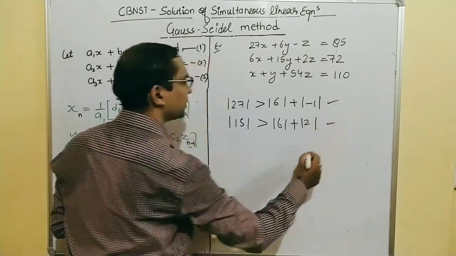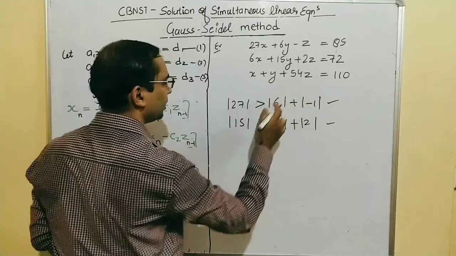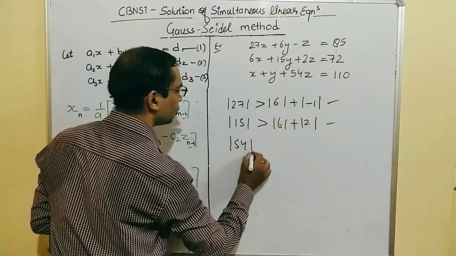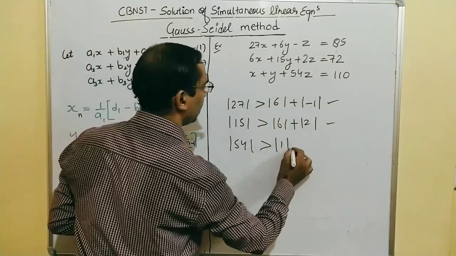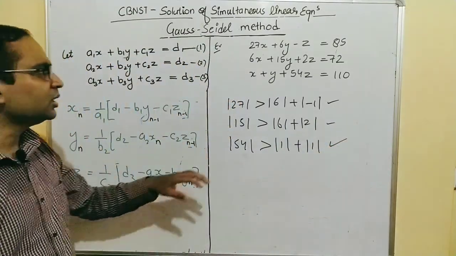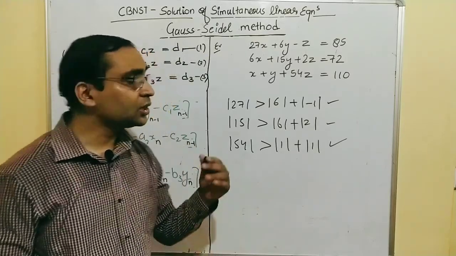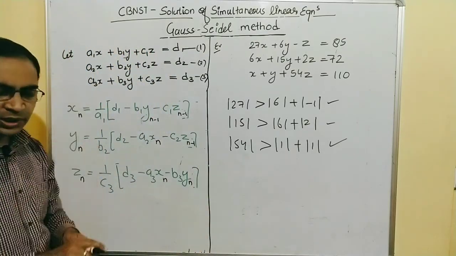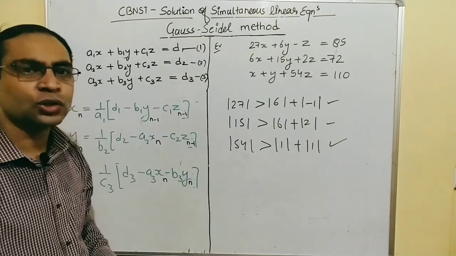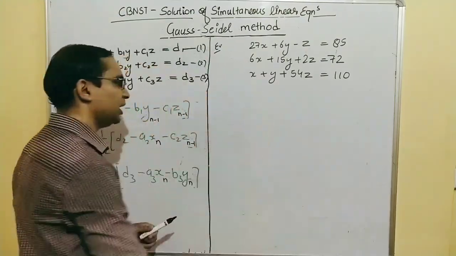So we can see the first and second conditions are true, and in the third equation, for this term of z, mod of 54 should be greater than mod of 1 plus mod of 1. This is also true. So we can see that this is a diagonally dominant system, so we can solve it with the help of the Gauss Seidel method.